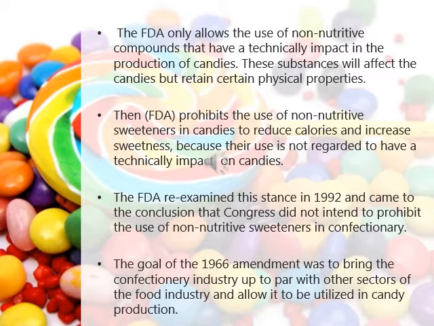So the FDA examined this stance in 1992 and came to the conclusion that Congress didn't intend to prohibit the use of non-nutritive sweeteners in confectionery. So the goal of the 1966 amendment was to bring the confectionery industry up to par with other sectors of the food industry and allow it to be utilized in candy production.